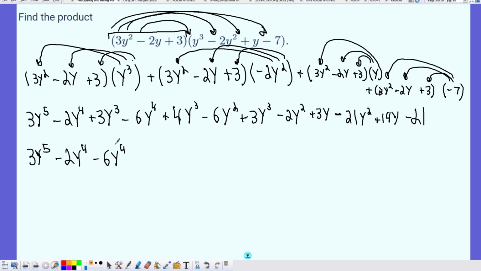So now I'm going to write my y to the third terms. So I have a positive 3y to the third. Then I have 4y to the third. I have another 3y to the third. And I believe that's it for my powers of 3. Now let's move on to powers of 2. I have negative 6y squared.